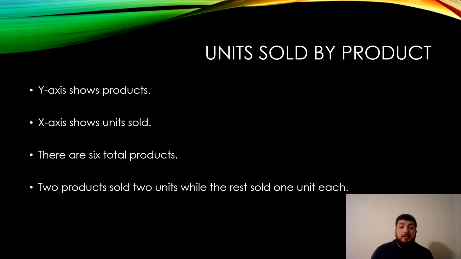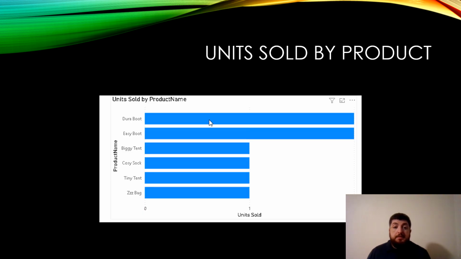So 4 of them just sold 1 product, 2 of them sold 2. And we'll see that in this graph right here. The top 2, which are both footwear, sold 2, and the rest of the products sold 1.